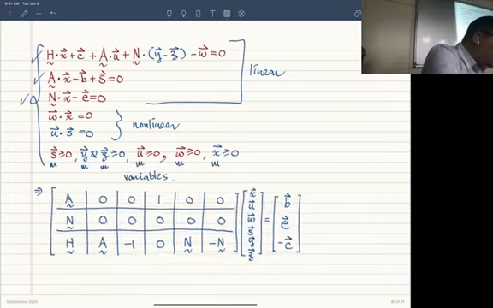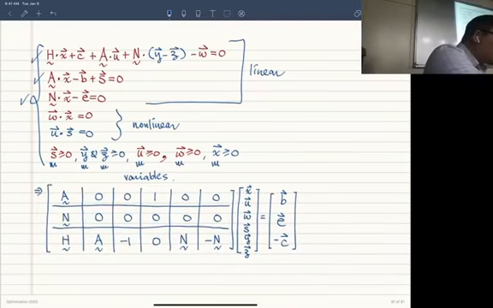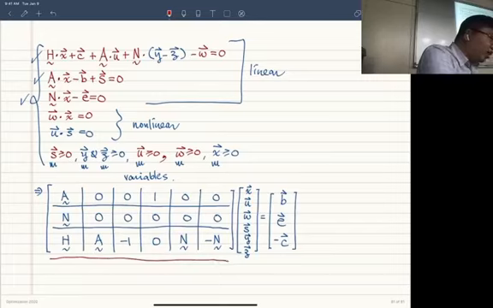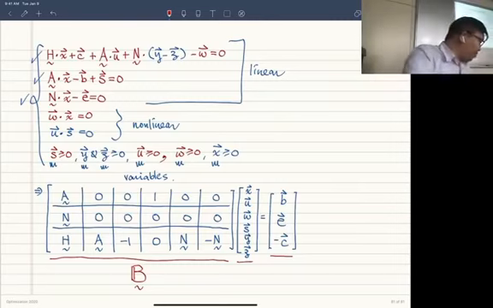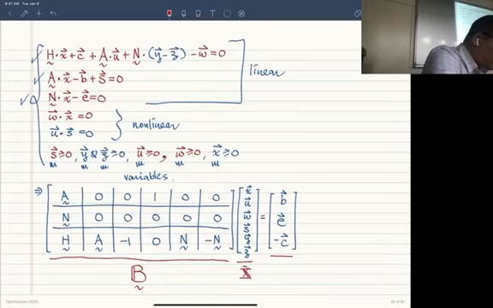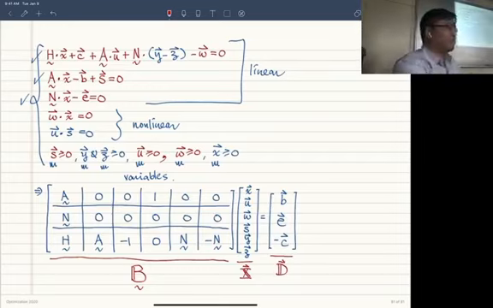And once we have this, let's rename those matrices into the following format. Over here, we call this matrix capital B. And over here, let's call this capital X. It should be a vector. And let's call this capital D. Should be a vector. Okay?